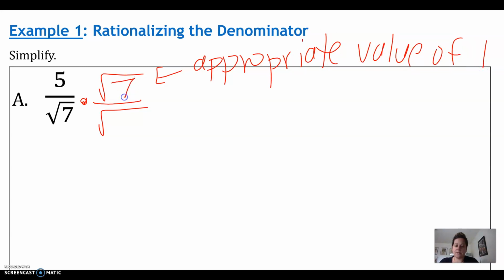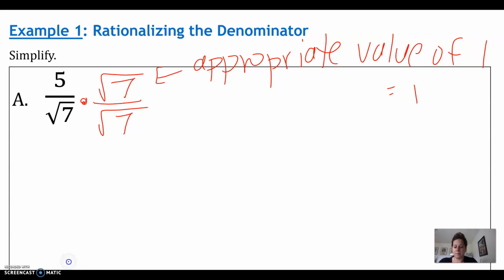It's going to be the square root of 7 over the square root of 7. Now you're probably wondering, where did I get the 7 from? Well, look at the denominator of the problem. It is 7. If you're trying to get rid of that number, you need to multiply by that number. And I'm not changing my problem, because the radical of 7 over the radical of 7 is still going to equal 1. Okay, so this is what you learned yesterday.